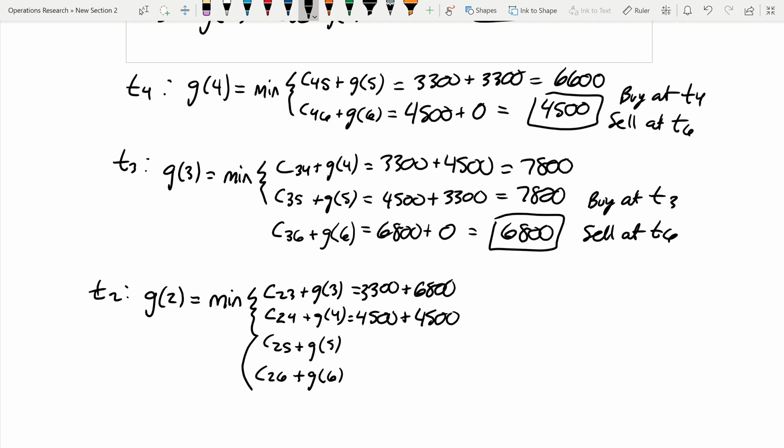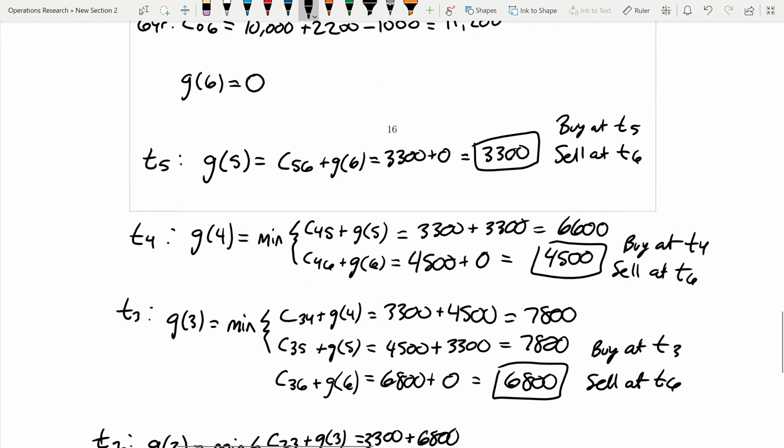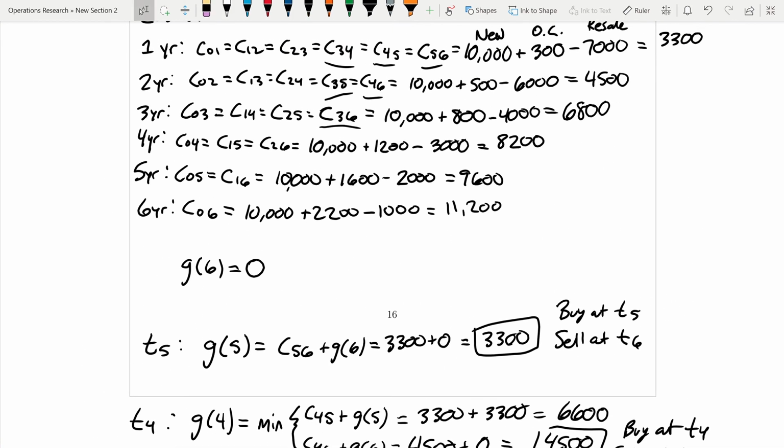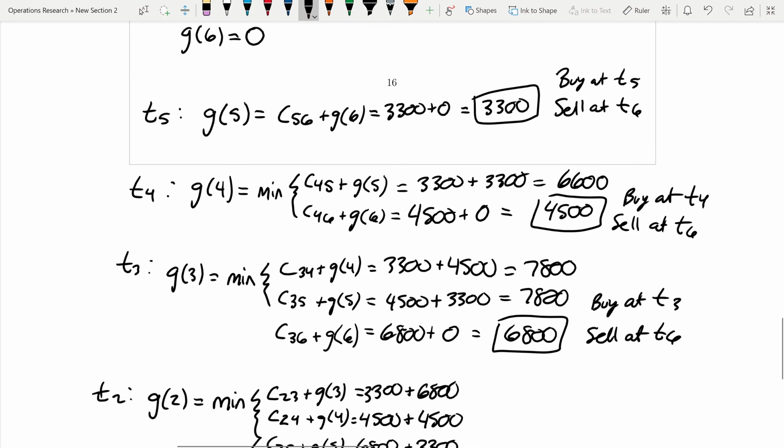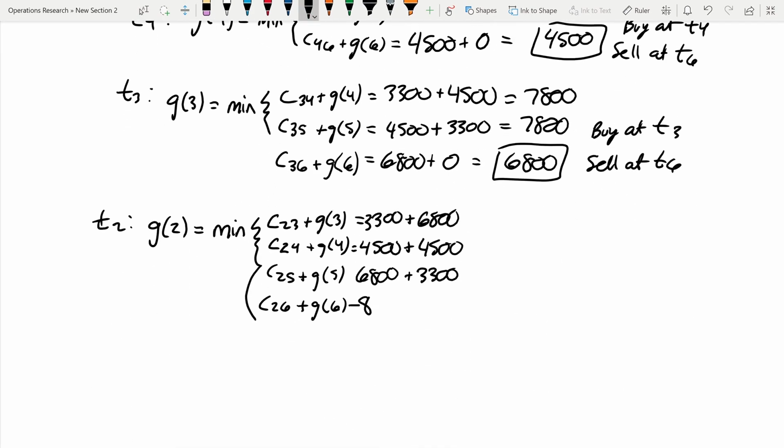Then we've got 6,800 plus G5, which is 3,300. And then 2 to 6 is going to be right here, 8,200 plus 0 for G6.